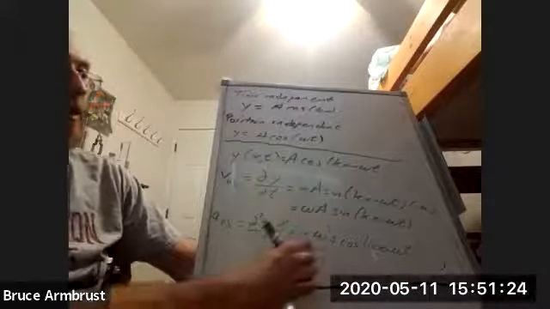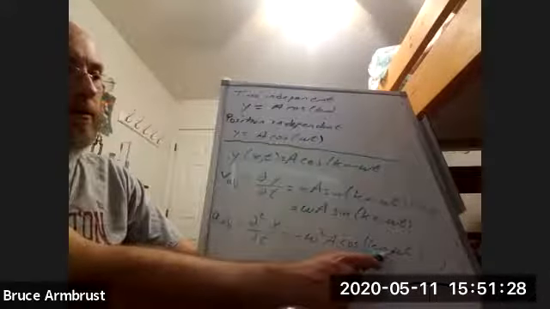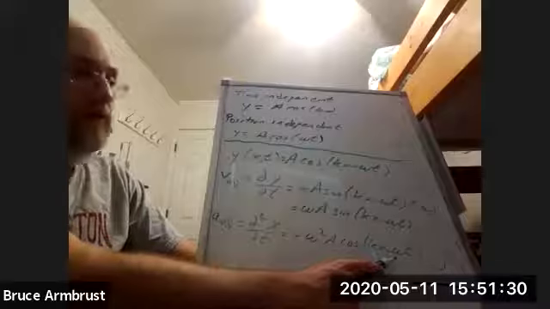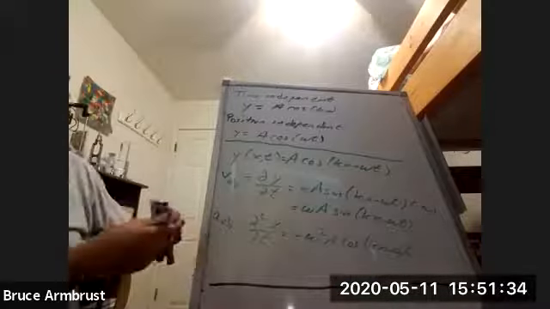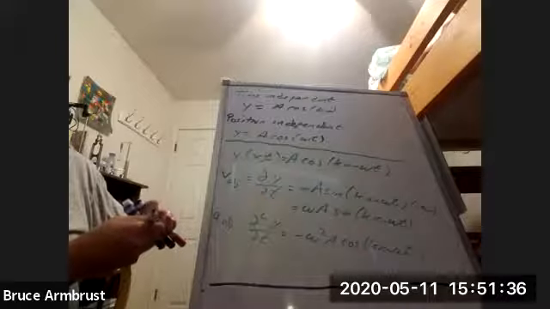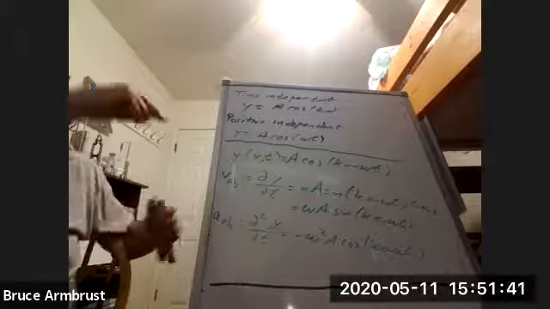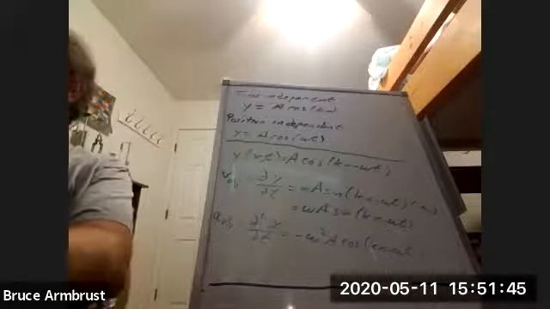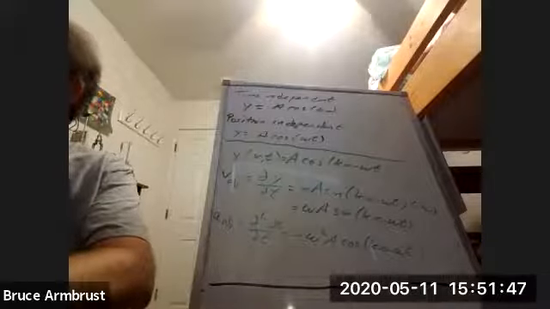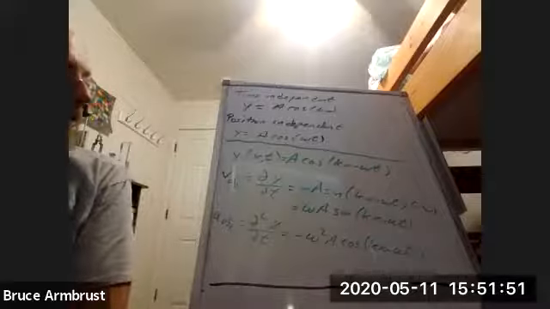And the minus omega squared, that came from the minus omega from the chain rule on the derivative. All right, so there is the velocity and the acceleration of just anything that's bobbing along.